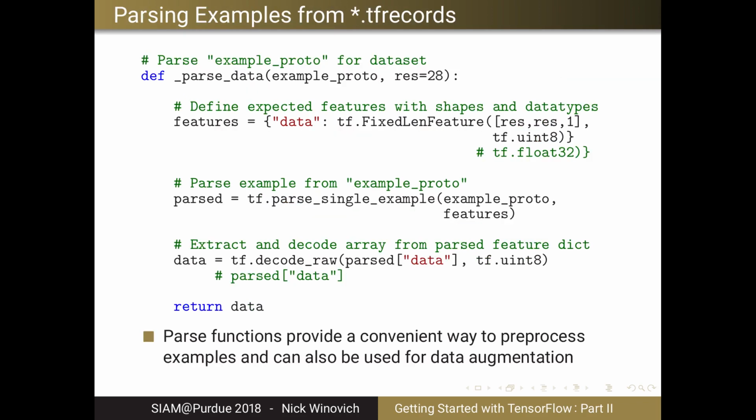Once we have that, we still need to basically reconstruct that data. So as I mentioned, we have flattened the data basically for storage purposes. But now we need to recover any structure that was there. So for instance, if we had some 28 by 28 images, we're going to load these in.